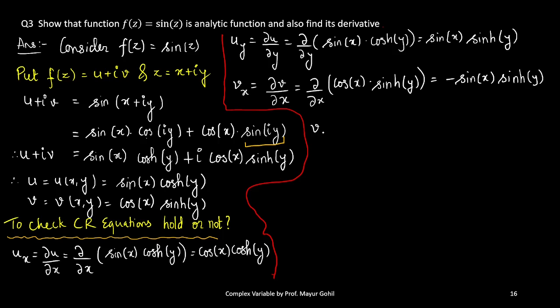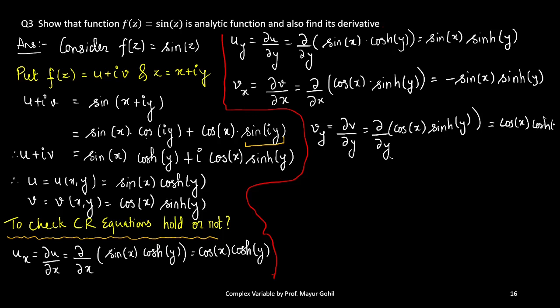Now we take the derivative with respect to y for v, so it is del v by del y. Del by del y operates on cos x sine h of y. This will now give us cos x is constant, and the derivative of sine h of y is cos h of y. So these are the four derivatives.